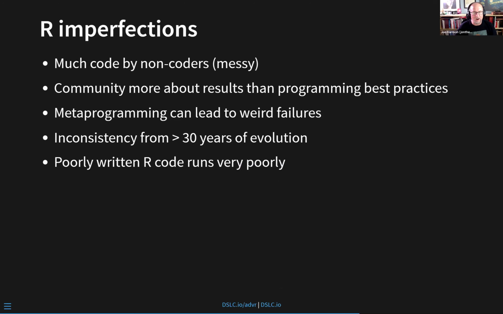There are things that are not great about R. A lot of the code in R is by people who also code. I think that's probably a lot of us here, at least started as and might still be people who also code. And therefore, there are a lot of things that are messy or maybe not the best way to do things, don't necessarily follow best practices, that type of thing.